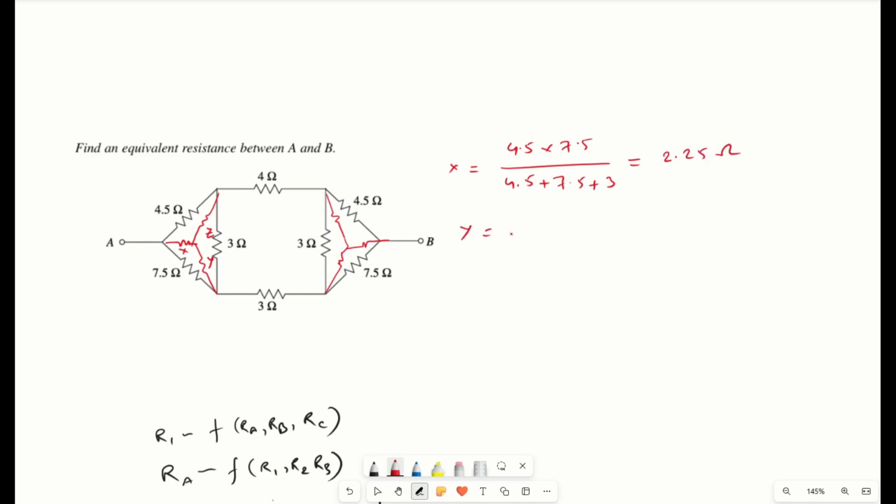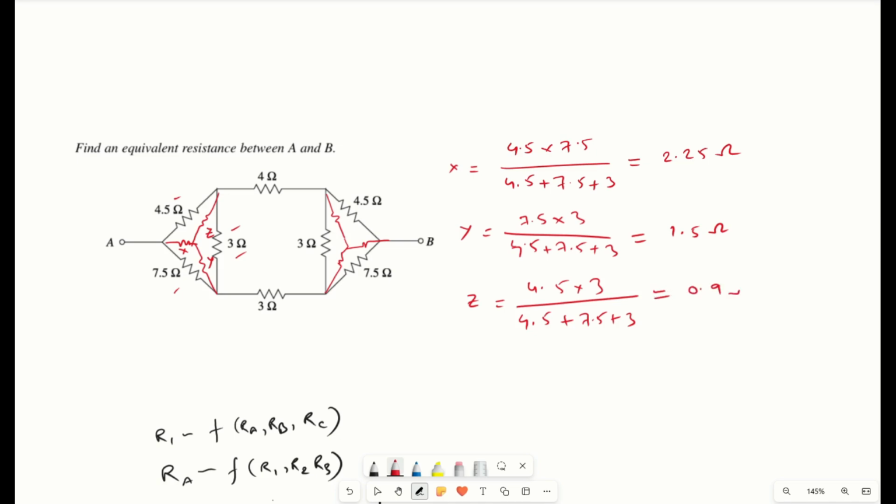Next, what will be y? y will be this resistance and this resistance, so 7.5 into 3 divided by 4.5 plus 7.5 plus 3, which comes out to be around 1.5 ohm. Then similarly z equals these two resistances, 4.5 into 3 divided by 4.5 plus 7.5 plus 3, equals 0.9 ohm.